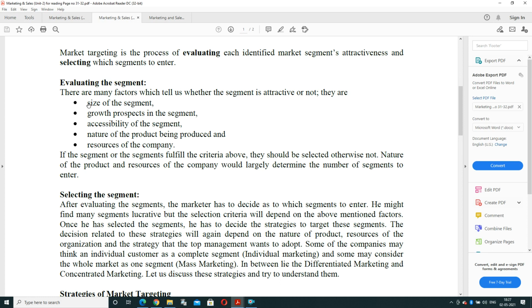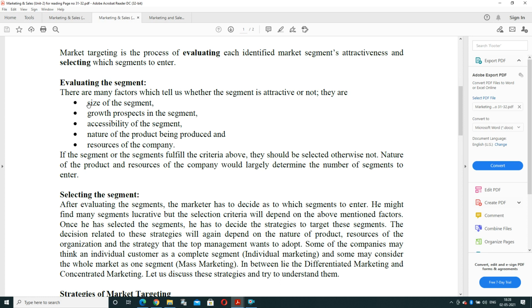Fourth one is nature of product being produced. It also depends upon the nature of the product, which type of products a company wants to produce, and how it is feasible and beneficial for a producing company. And next is resources of the company. We have to check whether all the resources we can provide will fit in our company or not.